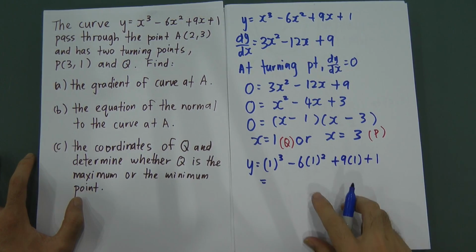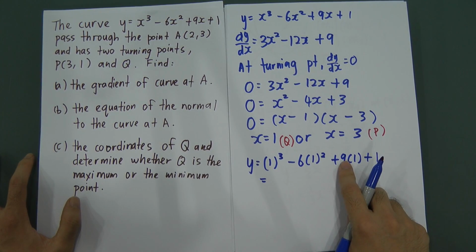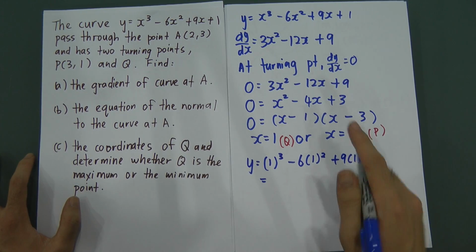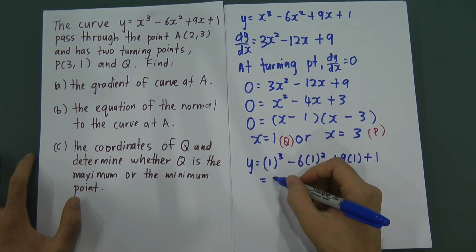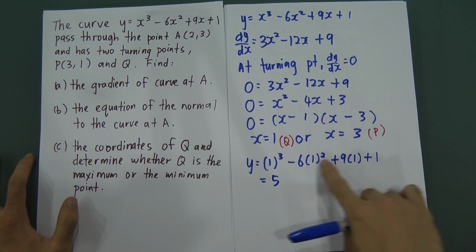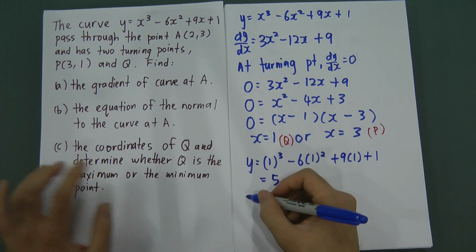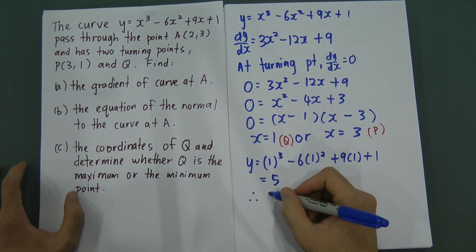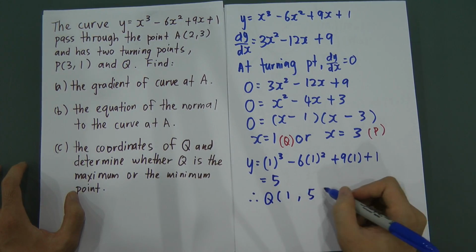So 1 minus 6, we get negative 5. Negative 5 plus 9, we get 4. 4 plus 1, we get 5. Therefore the Q coordinate equals (1, 5).